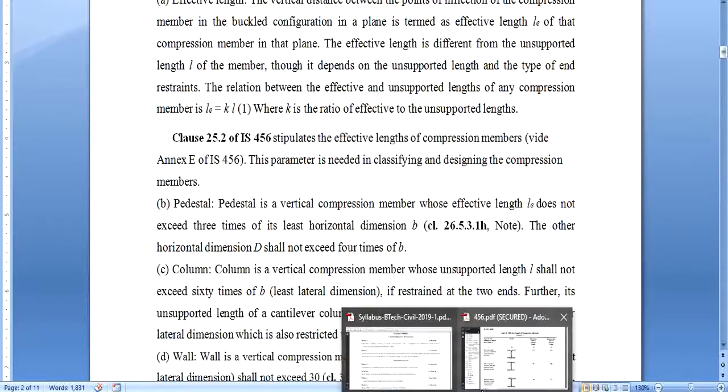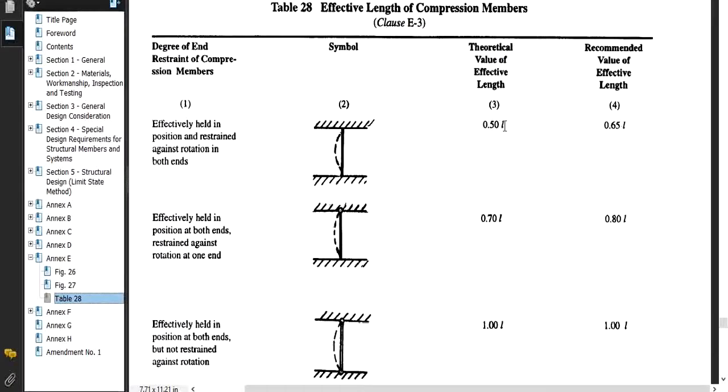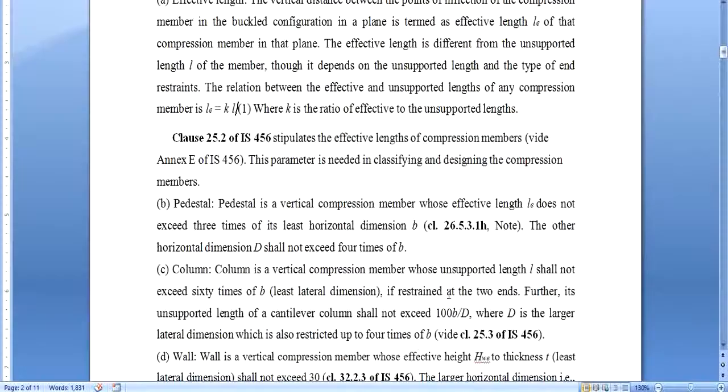Those ratios are given over here. So LE is equal to 0.5 L. In this case, the recommended value is 0.65 L. This is given in clause 25.2 of IS 456.